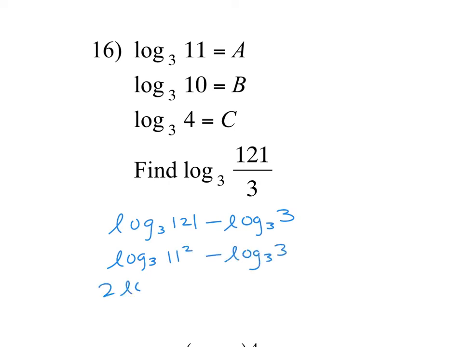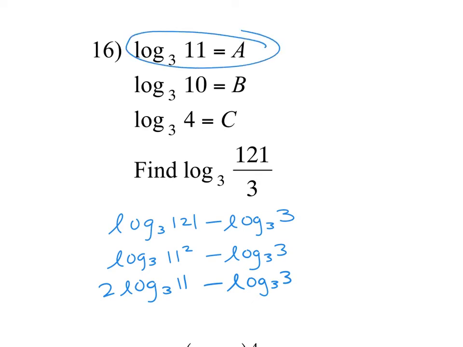And so I can pull that 2 into the front. And now I can go ahead and make replacements for what I know. I know that log base 3 of 11 is a, so that becomes 2a. And then I also know that this says 3 to what power is 3, and I definitely know that that is 1. So I get 2a minus 1.